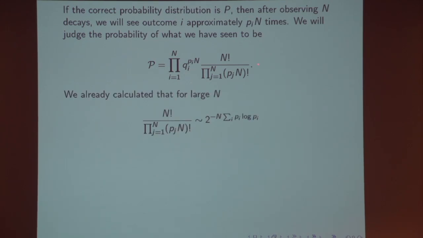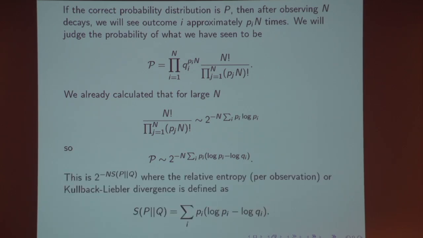Now we already calculated this number for large n, and it was 2 to the n times the Shannon entropy. So including this other factor, we see that the probability of what we've seen, assuming the initial hypothesis was correct, is given by 2 to the minus n times this sum of logarithms. And that sum is called the relative entropy.